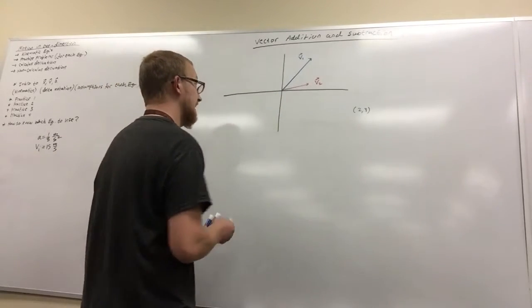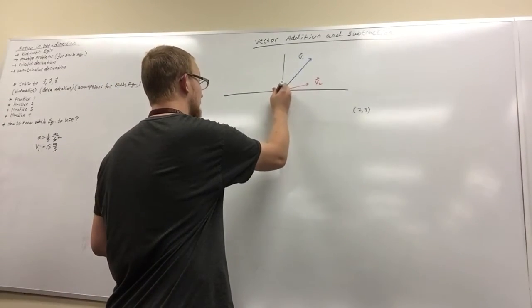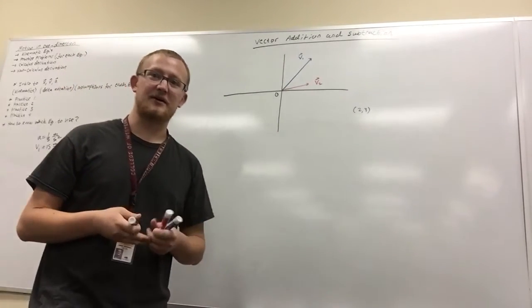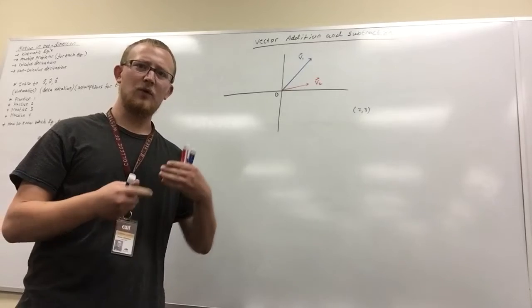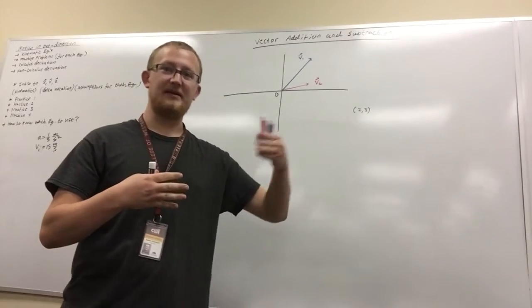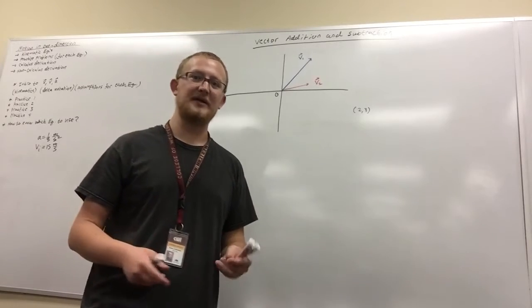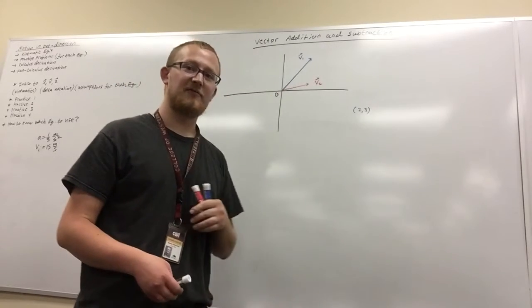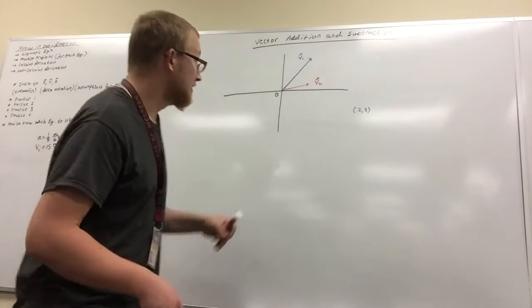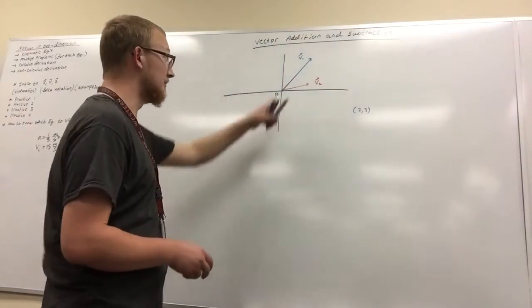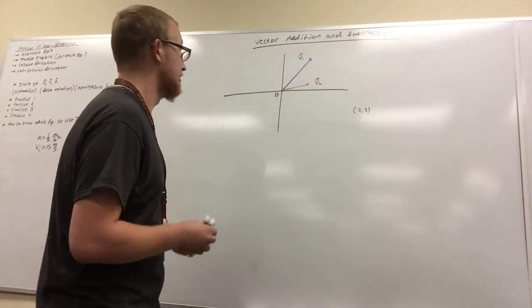So where X and Y is 0, we call that the origin. And vectors always start at the origin. Once again, you can move them around mentally, but the way they are as mathematical objects, they will always have their tail firmly centered on the origin. So vector 1 and vector 2 both have their tails firmly on the origin.